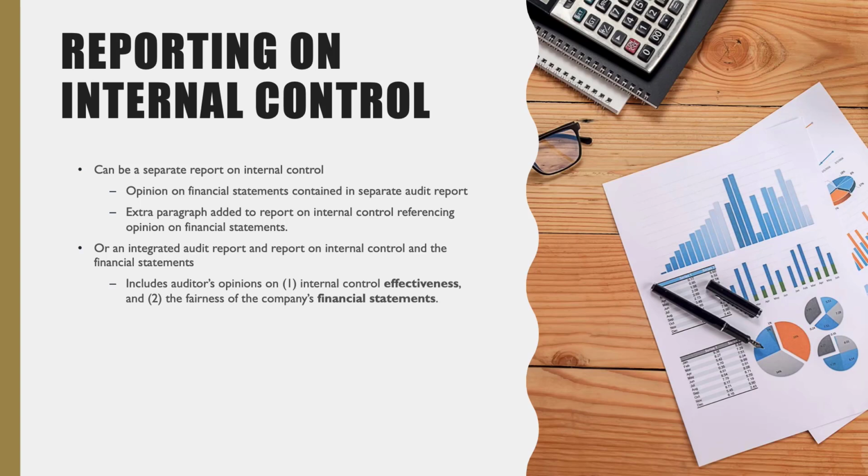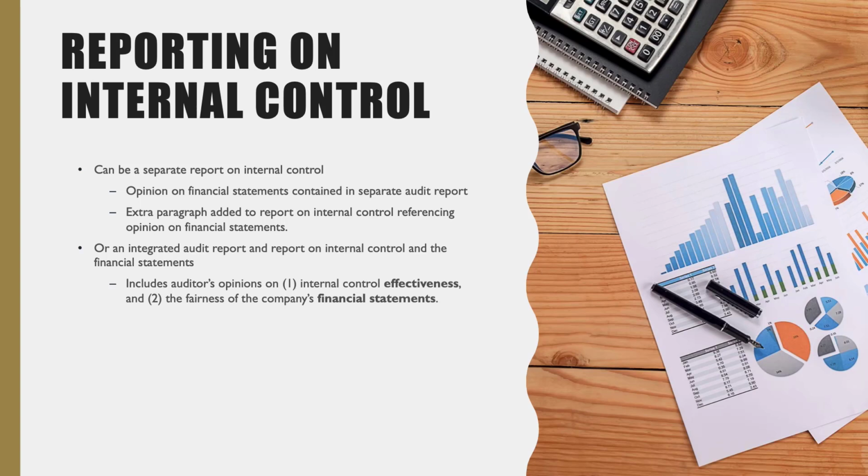An integrated report combines the auditor's opinion on the financial statements and the opinion on internal control over financial reporting into a single document. Both opinions are presented together. A separate report involves issuing two distinct documents.